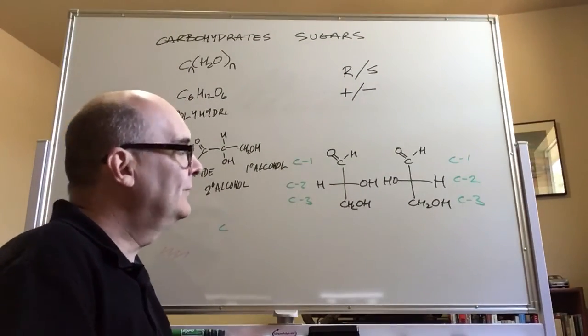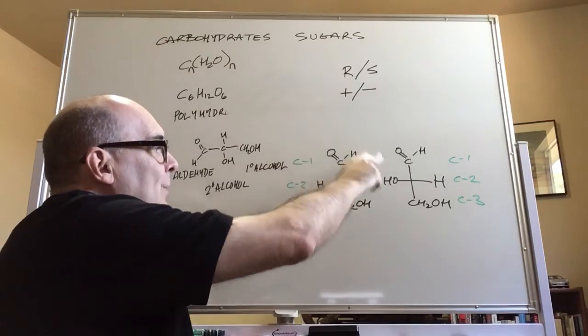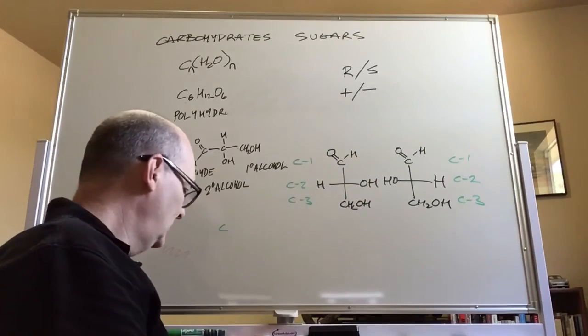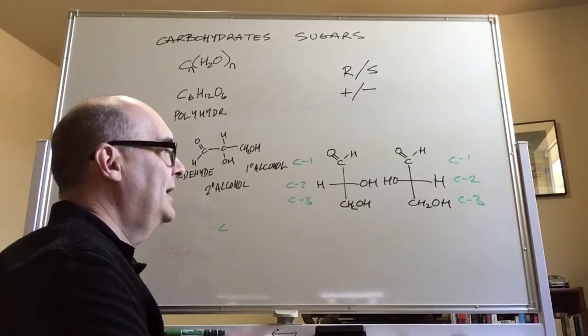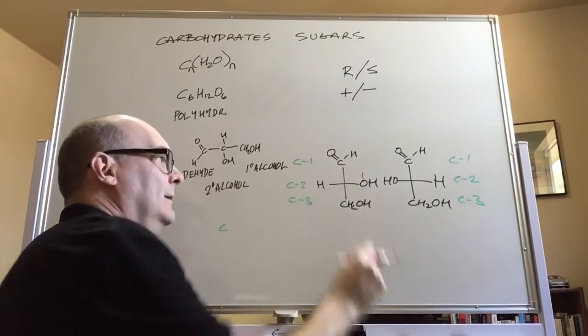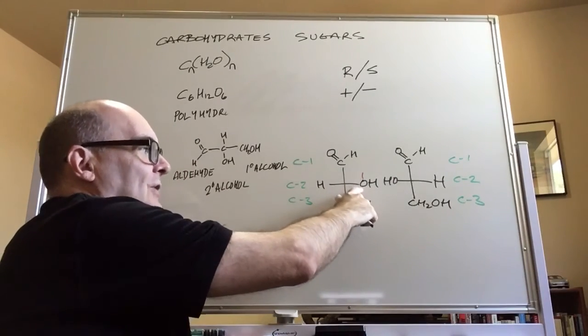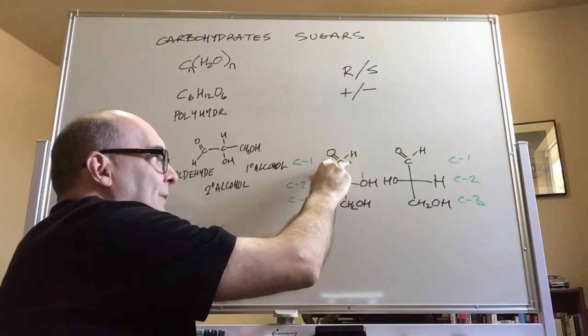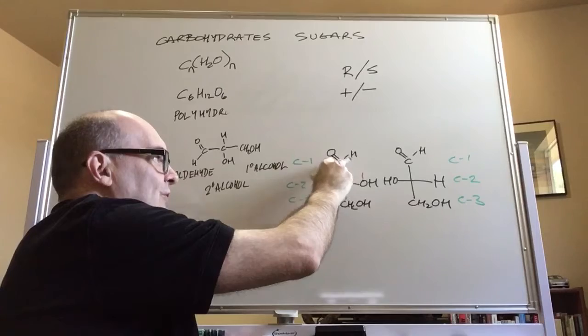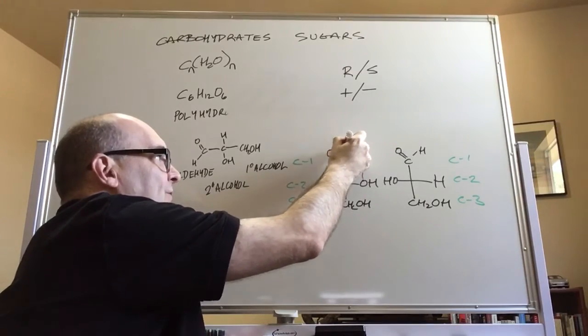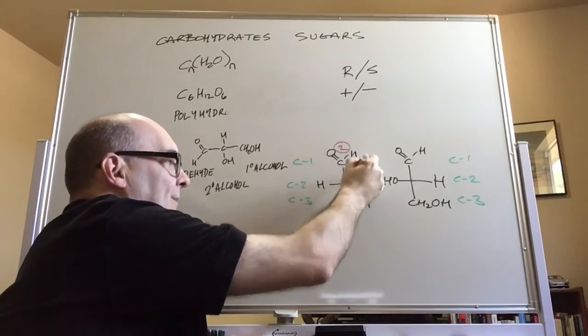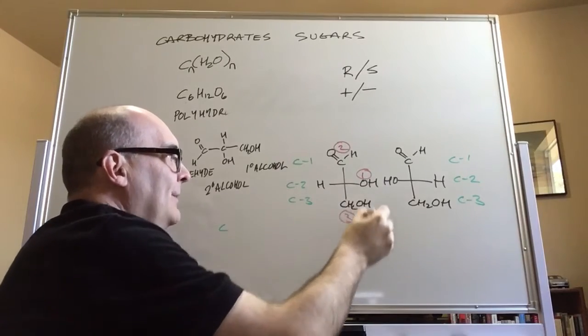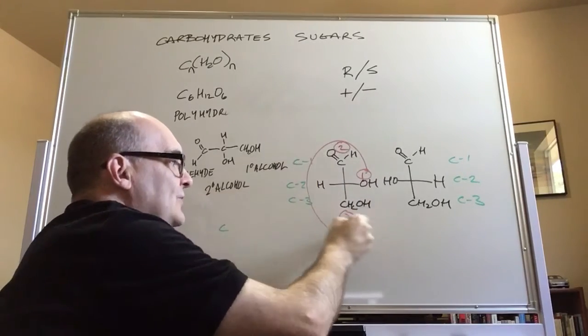Just a naming convention, where we prioritize the groups. An oxygen has a mass of 16, carbons have a mass of 12, but this carbon is bonded to oxygen 2 times, so that gets to be priority number 2, and this gets to be priority number 3. 1 to 2 to 3.